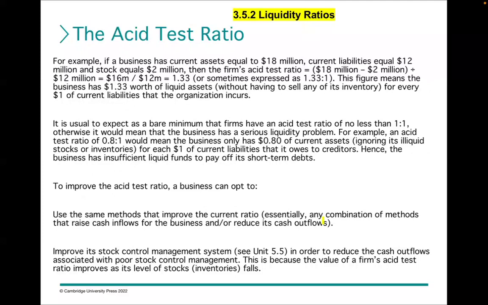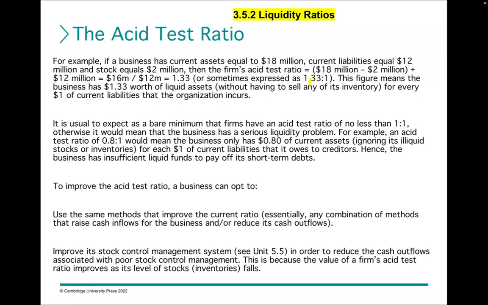And we'll go through an example. If a business has current assets of 18 million, liabilities of 12 million, and stock equals 2 million, you have to subtract that 2 million from 18. So it'll be 16 million over 12, leaving you with 1.33, sometimes expressed as 1.33 to 1.